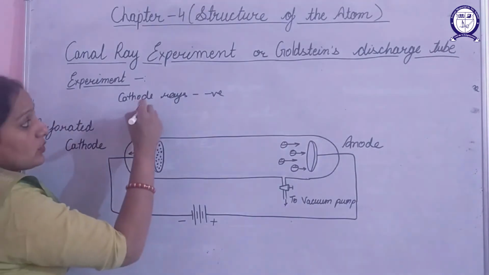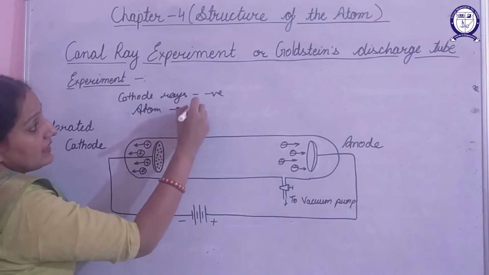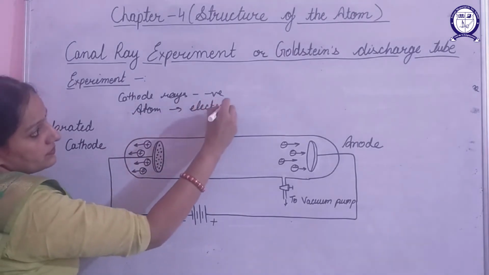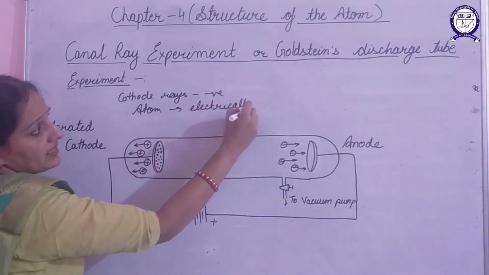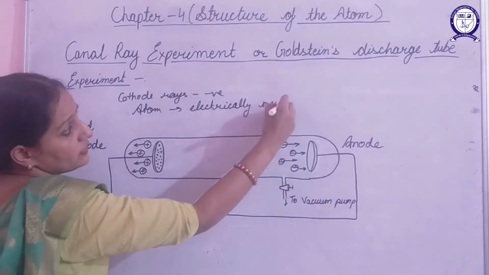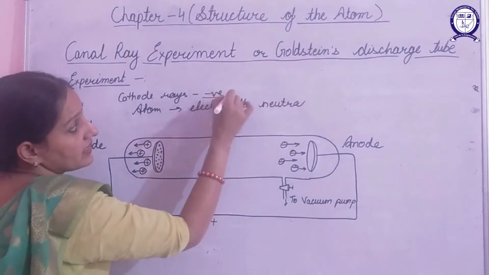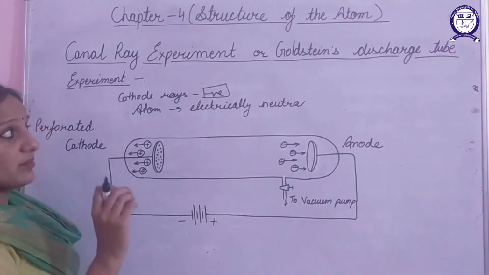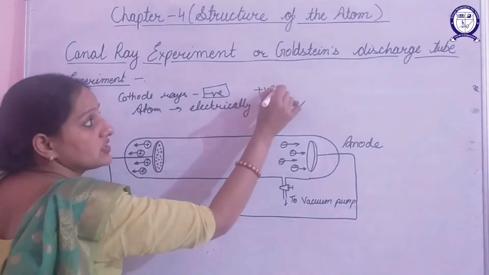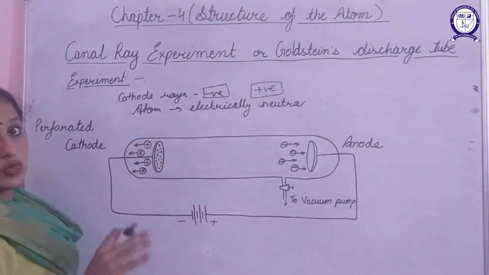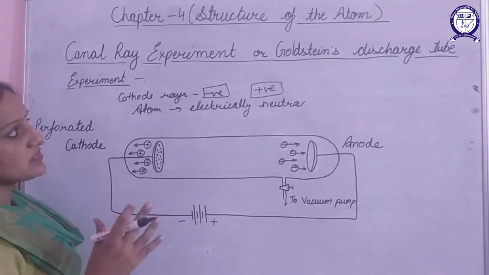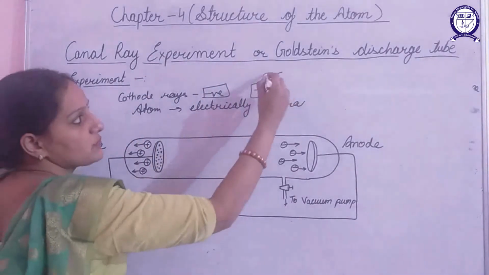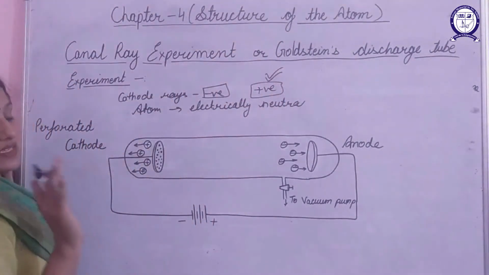But earlier what was known is that an atom is electrically neutral. So scientists thought that if an atom is electrically neutral and some negatively charged particles are present inside it, there might be some positively charged particle also.